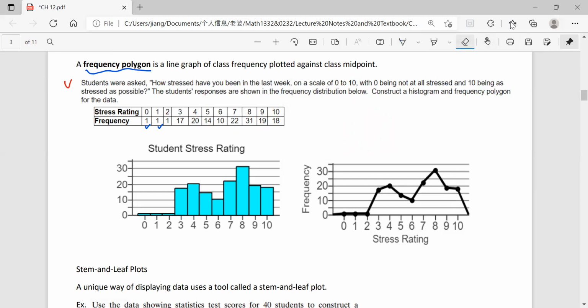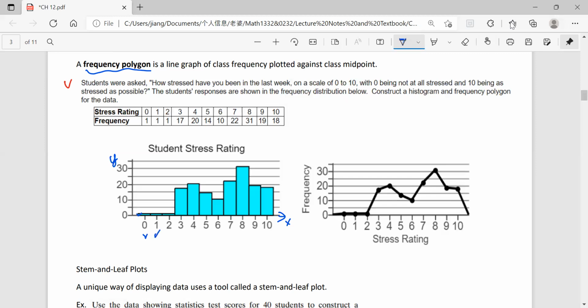Okay, how to convert it to the histogram? So I mentioned that the x-axis, I can list the stress rating for 0 and 1 student. So the y-axis, that's the frequency axis. So 1 student, so my bar is this height.